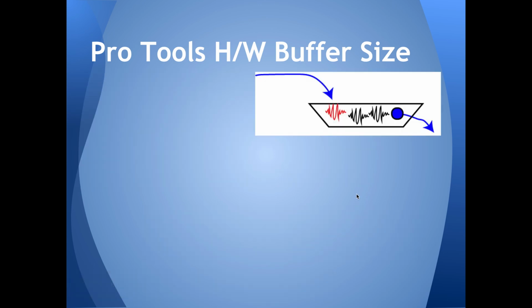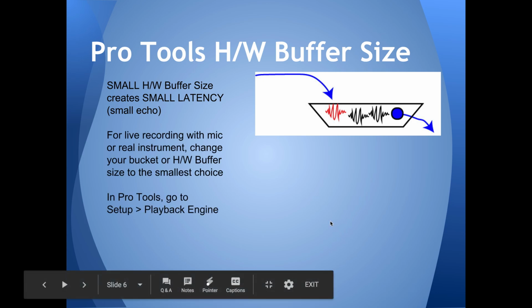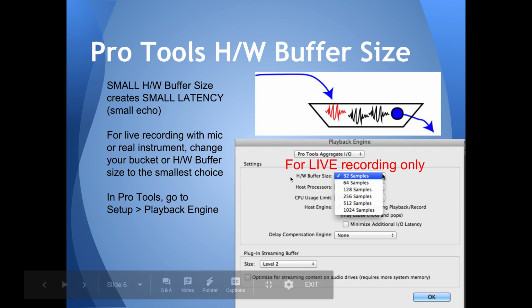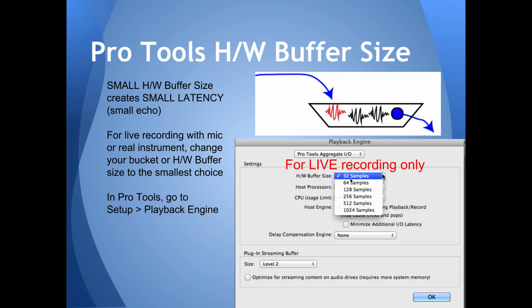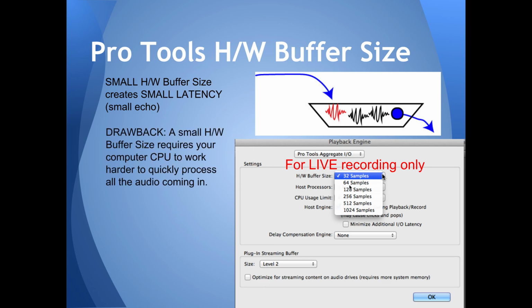Don't do that. Whenever you're doing live, you go to Pro Tools, Setup, Playback Engine, and you're going to get this setting for the HW buffer size. You want to change it to a small setting, either 32 or 64 for small latency.